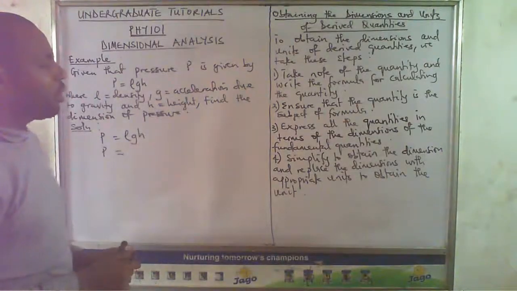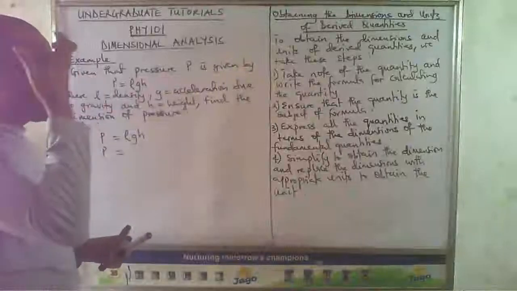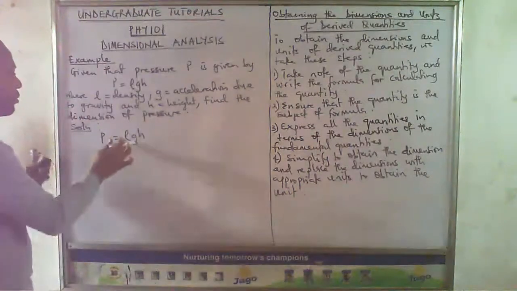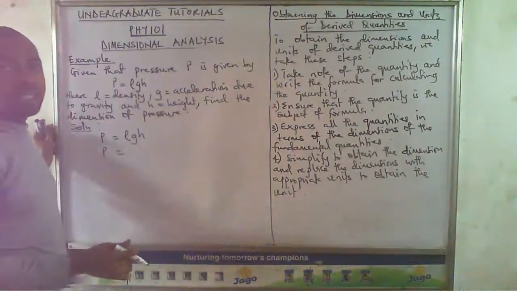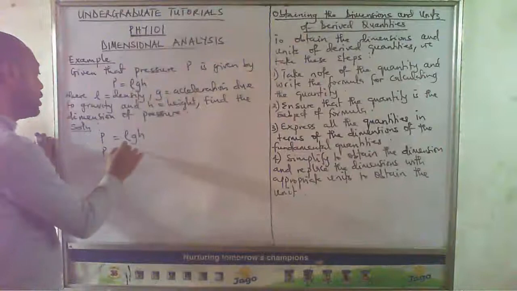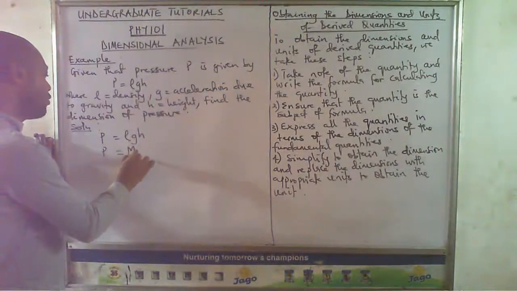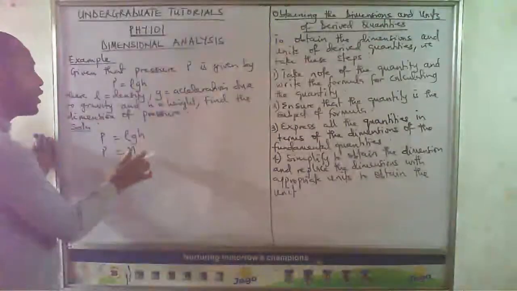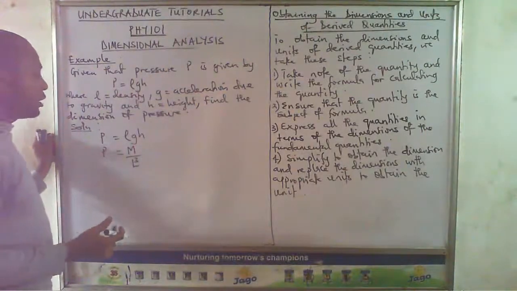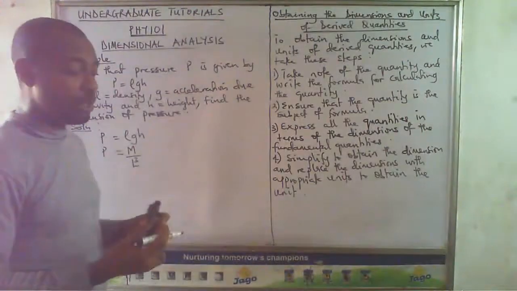Then express all the quantities in terms of the dimensions of the fundamental quantities. So we have to write density in terms of the dimensions of the fundamental quantities. Density is mass over volume, and volume is length cubed. That's why what you studied in secondary school is important.